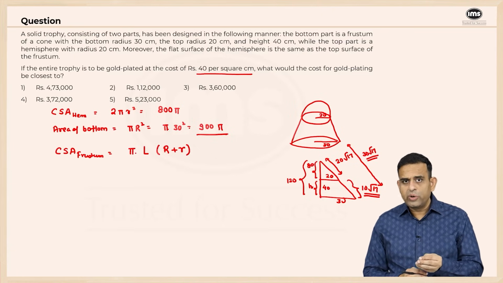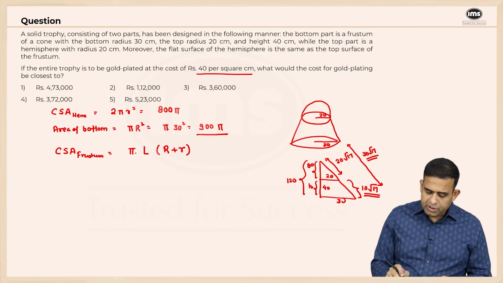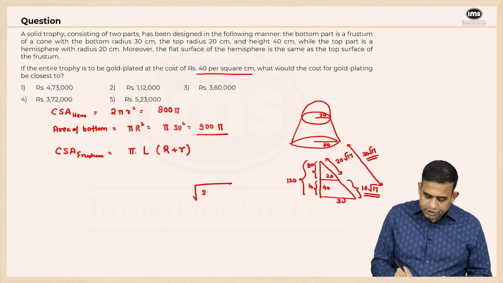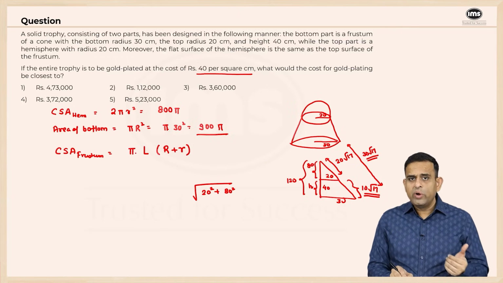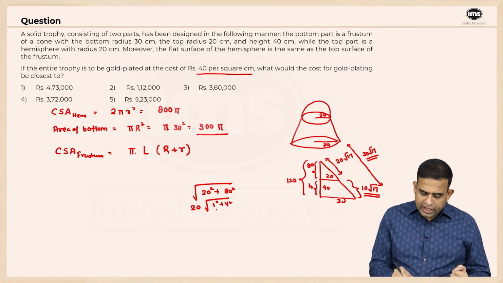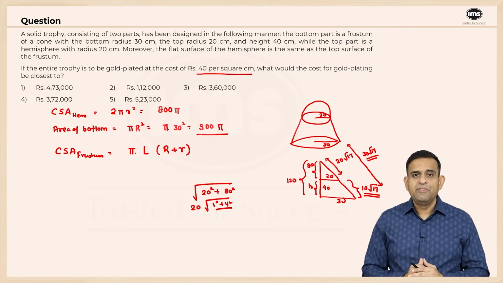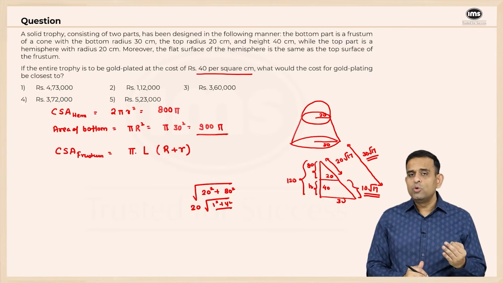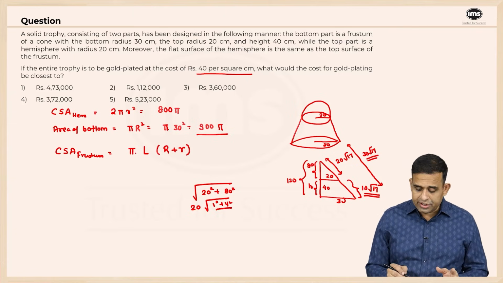Understand how I got this 20 root 17: it would be the square root of 20 square plus 80 square. If I take 20 square outside the root, this will become 20 times root of 1 square plus 4 square. And this part becomes 1 plus 16, giving you 17, and hence root 17 coming over there.